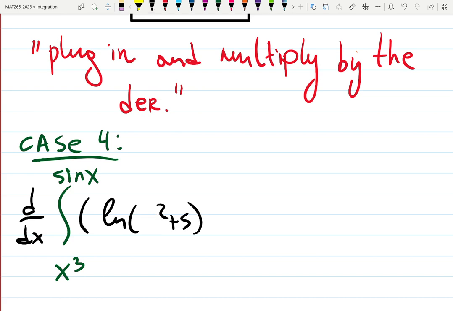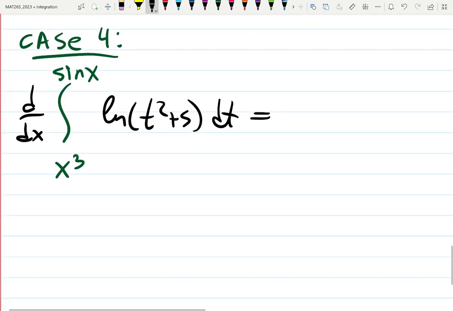As you can see, it can be anything, just not the same variable. It's still a dummy variable, doesn't matter. So here's what's happening. We're differentiating the integral of natural log of t squared plus 5 from x cubed to sine x. So we don't know how to differentiate the integral that has both limits of integration not fixed.